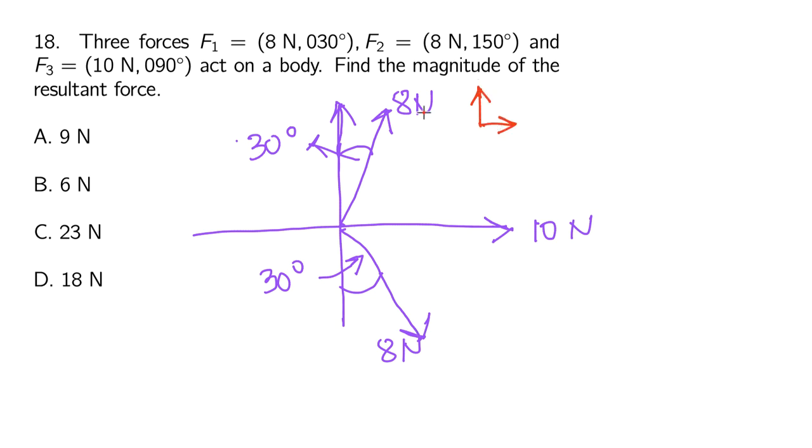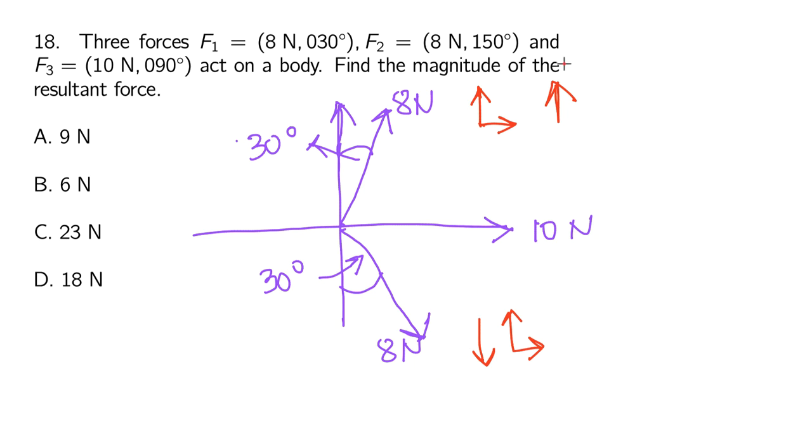The vertical component of this force is going to point upwards, with some magnitude. The vertical component of the 8 Newton force down here is going to point downwards with a certain magnitude.